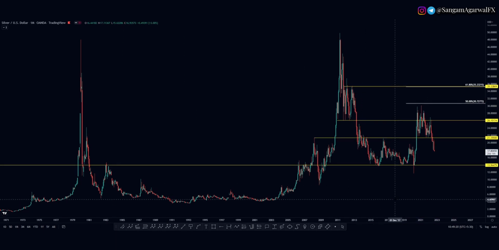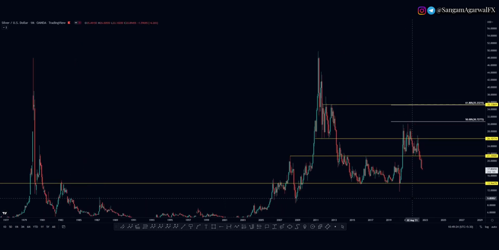If the Fed does a much more aggressive rate hike due to inflation, then it can break lower and it cannot stop before it retests the $13 price level. So this is a monthly support and it is strong support. So all of the sellers must be targeting this level.